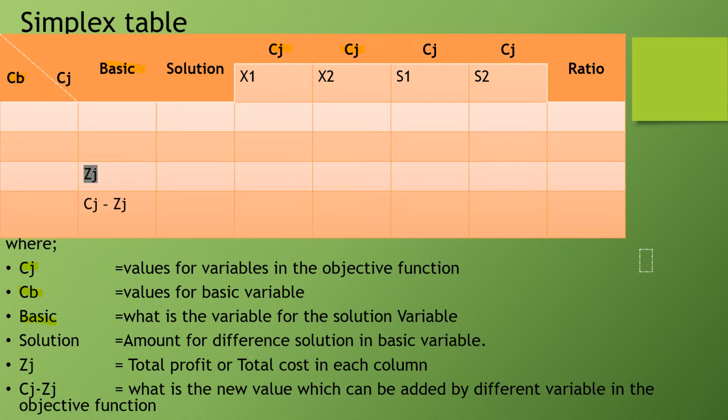Then the solution is the value for different solutions in the basic variable. Zj is the total profit or the total cost, whereas Cj minus Zj is the net value which can be added by different variables in the objective function.